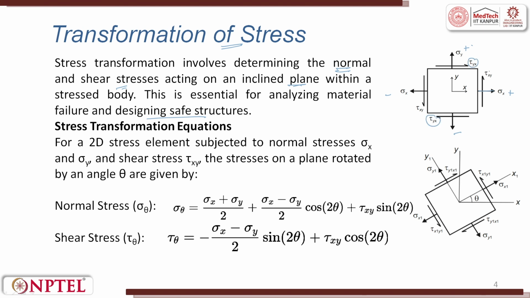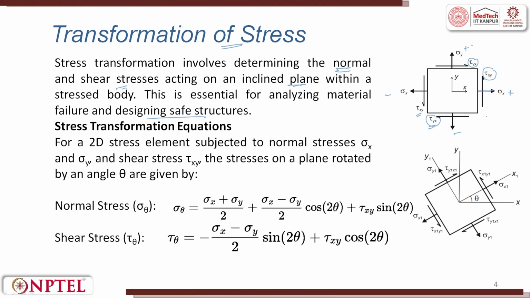So, you will have 4 taus represented, which is tau xy going from x towards y, and when you are moving from y to x, it is tau yx. When you are moving from y to x, it is tau yx, and then in this direction you will have tau xy.